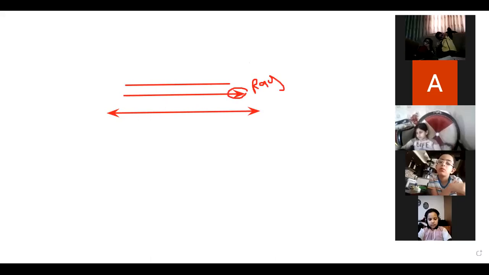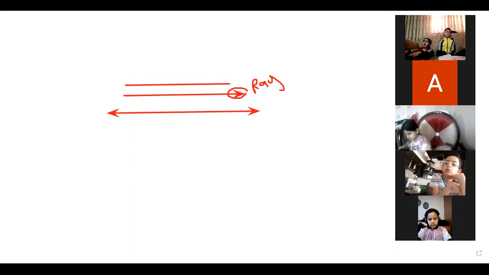The line with just one arrow on the left or right, it doesn't matter, is a ray. Does it matter if it's on the left or right? No, it's still a ray. If it has an arrow from both sides, it will be a line.